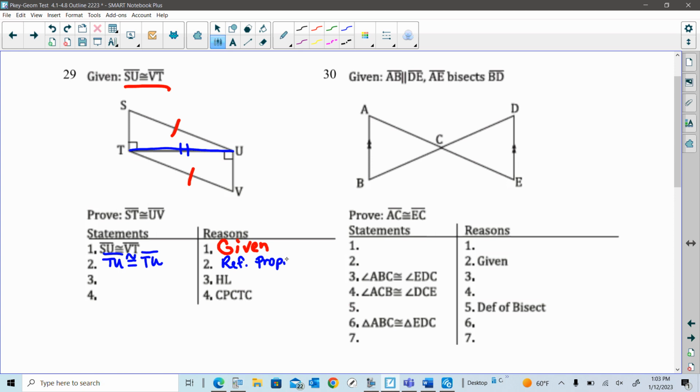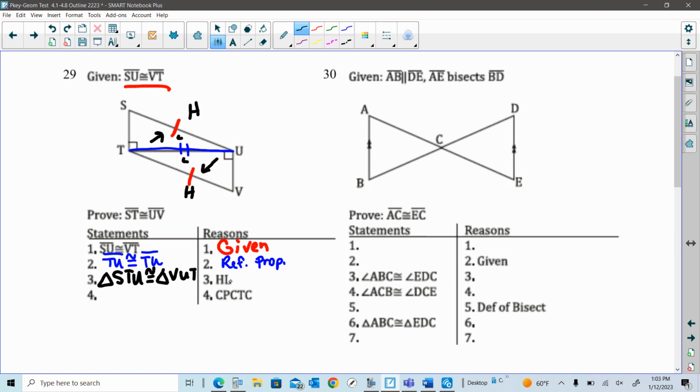All right. Our reason on line 3 says HL. Well, this is true because opposite the right angle is the H. Right there, there's a tick mark. And over here, yep, H tick mark. And the other one is the leg. So now I can say that these two triangles, STU, is congruent to triangle VUT by HL.